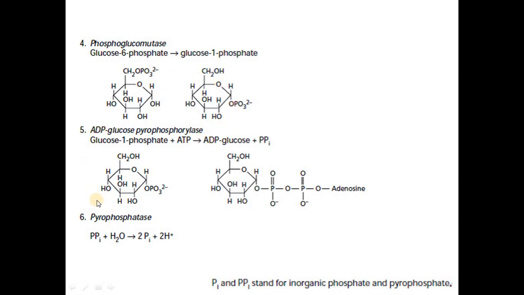Now, this next step is extremely important. What is going to happen is now this molecule of glucose 1-phosphate, so this is a molecule of glucose that has a phosphate group on the first carbon, we are going to add ATP onto that.